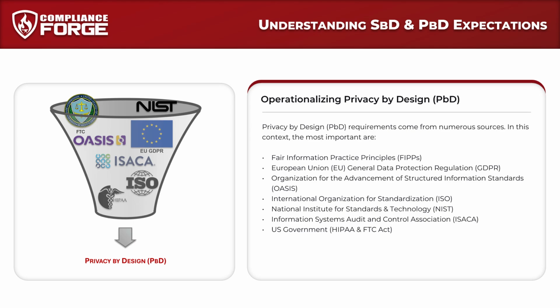Privacy by design requirements also come from numerous sources. The most important are the Fair Information Practice Principles, the EU General Data Protection Regulation, OASIS, the Organization for the Advancement of Structured Information Standards, the International Organization for Standardization, NIST, ISACA, and the U.S. government through HIPAA and the FTC Act.